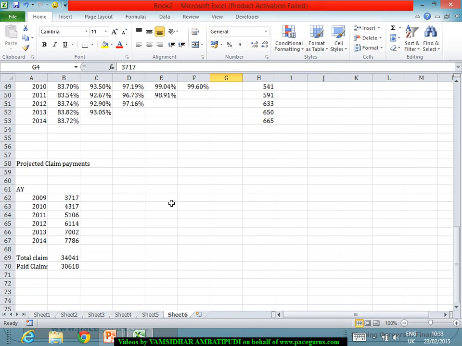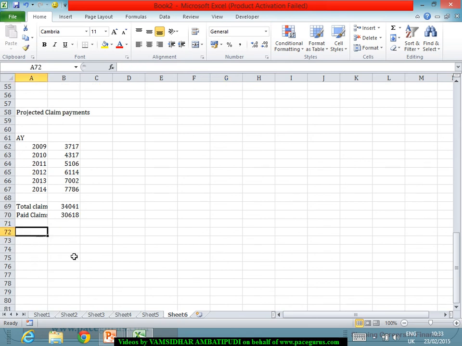So considering that this is the total amount that is paid till date, I can very well build in the reserve requirement, which is simply the difference between these two. So this is the total amount of reserve. So 3,423 is the overall reserve requirement that is necessary in this process.